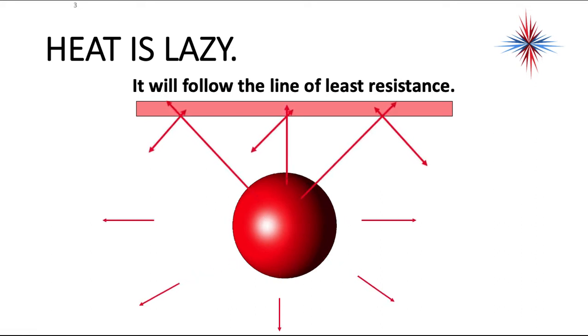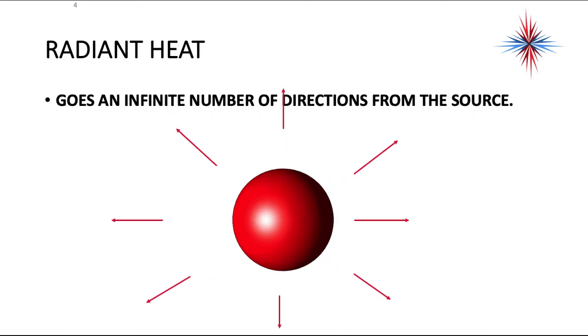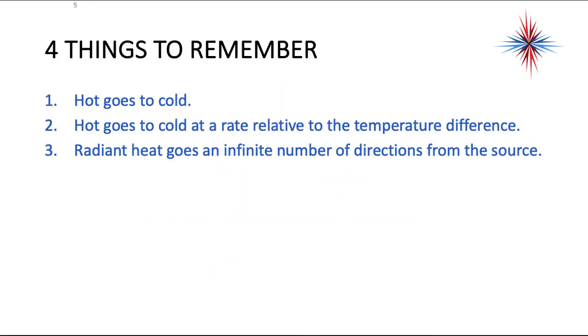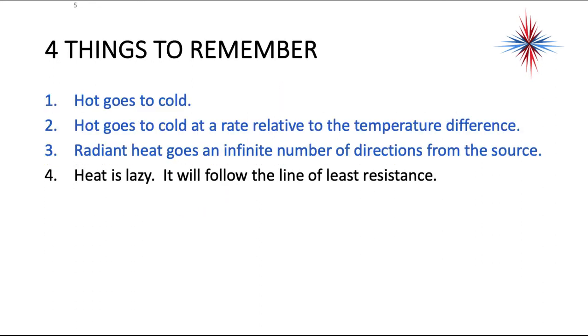Some will not penetrate, some will go through, some is reflected. Radiant heat goes in an infinite number of directions from the source. Not just up. Don't always believe the idea that heat just rises. Heat is lazy. It's going to follow the line of least resistance.